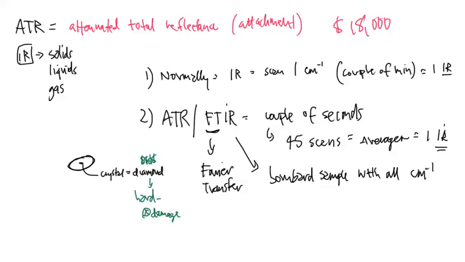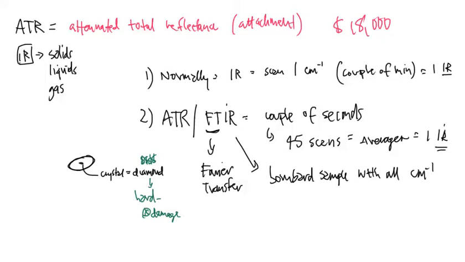And because of that, you do not have to buy infrared cards. You do not have to buy salt crystals. You don't have to buy any kind of specialized compartment, cell or chamber for the solids or the liquids that you're using. And this thing can do the job of all of those, and you don't have to worry about it.